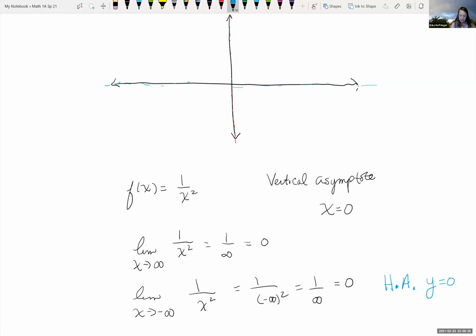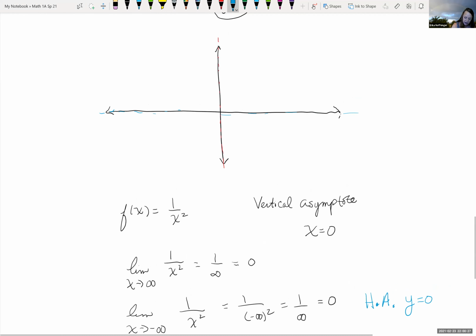If we plug in values for x, we can also use other things we've learned from algebra. This function is symmetrical across the y-axis, so it's an even function. If I plug in values, when x was -1, we got a y value of +1.